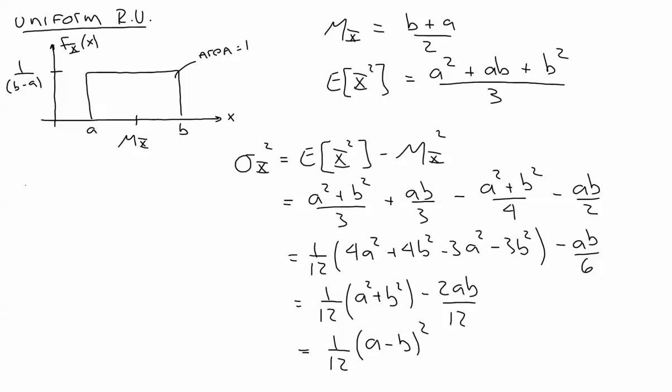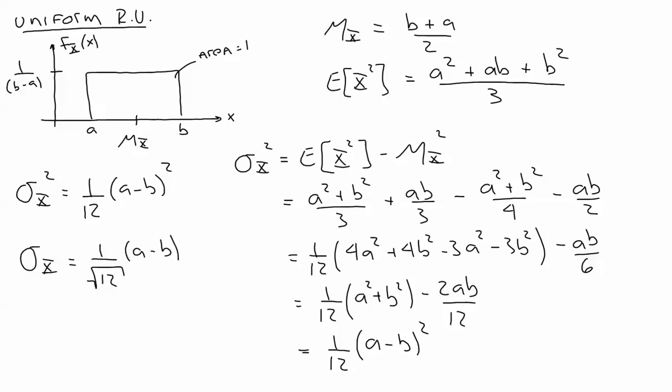So my variance for a uniform random variable is 1/12 a minus b squared. And my standard deviation is just the square root of that. It's going to be 1 over square root of 12 a minus b. I guess probably I need to switch that around, b minus a. It's going to be a positive value. Okay?